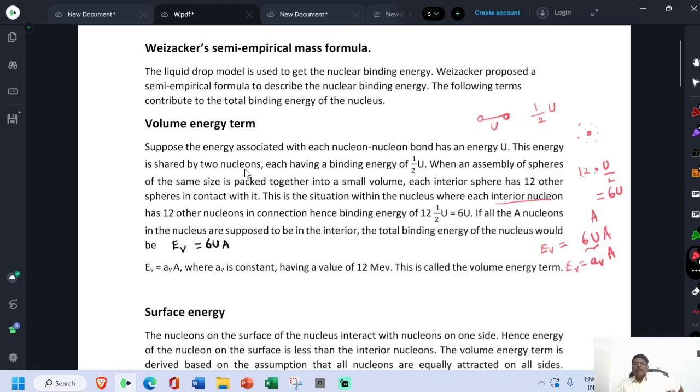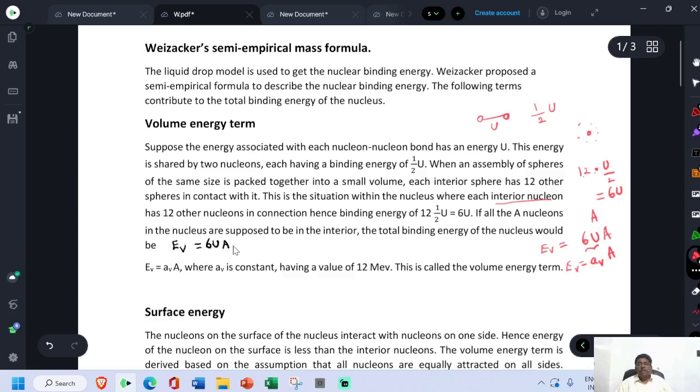If all the A nucleons in the nucleus are supposed to be in the interior, the total binding energy of the nucleus would be EV equals 6U into A. 6U is the energy possessed by the single nucleon.